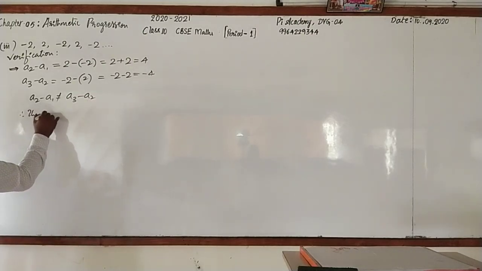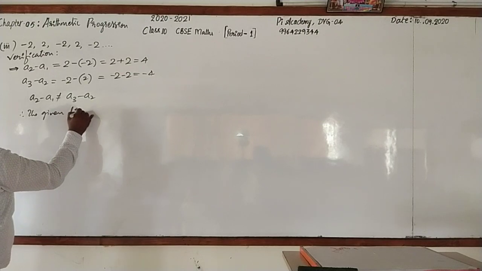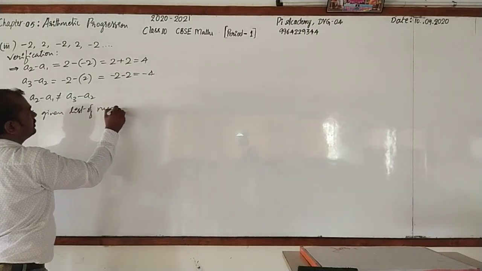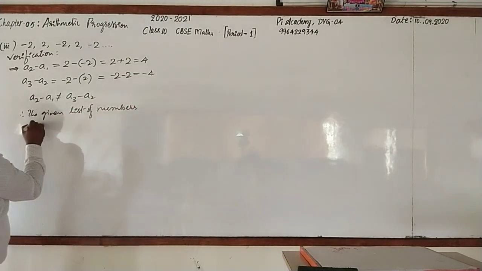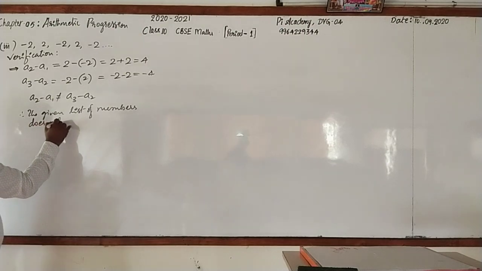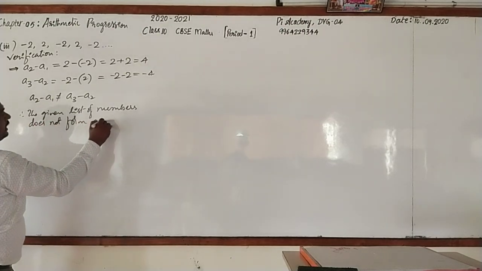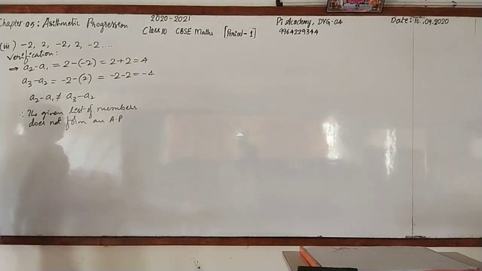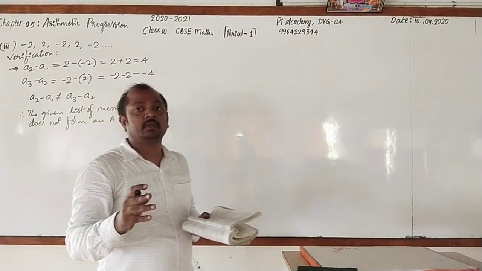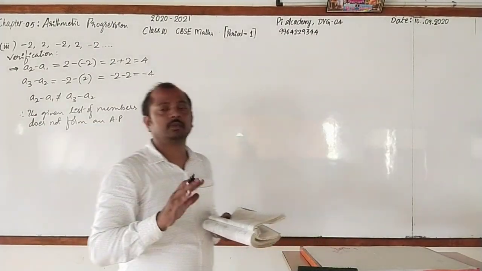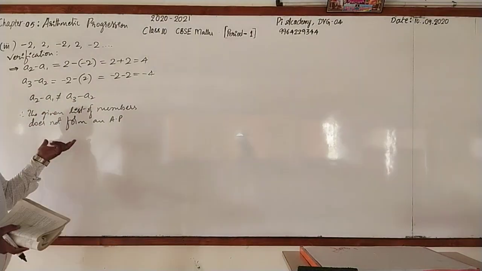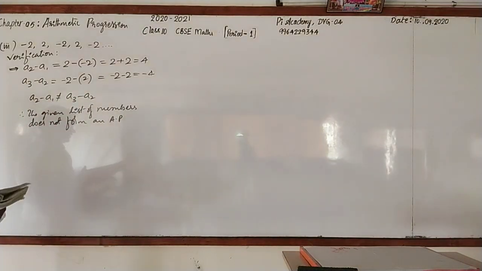Therefore, the given list of numbers does not form an AP. Then is it necessary to find out the remaining two terms? Not necessary, because first of all it is not an AP.